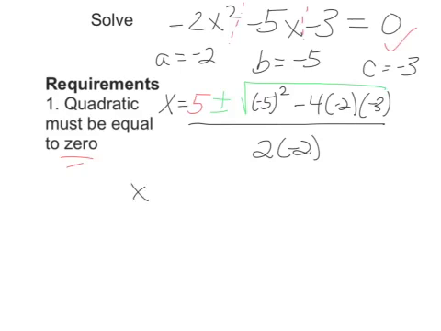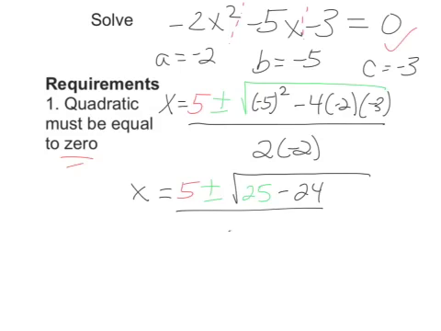So if I was going to simplify this, I can see I get the 5 and the plus or the minus. So I always simplify under the square root first. So what is negative 5 squared? Well, that's a positive 25. And we look here, I have a negative, and another negative. So I know my answer is going to be a negative. So 4 times 2 times 3 is 24. So simplifying, we get x is equal to 5 plus or minus the square root of 1, all divided by negative 4.